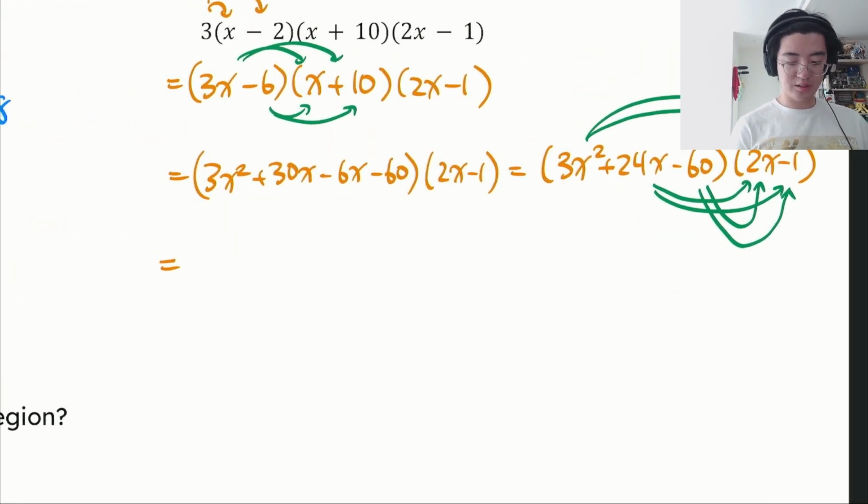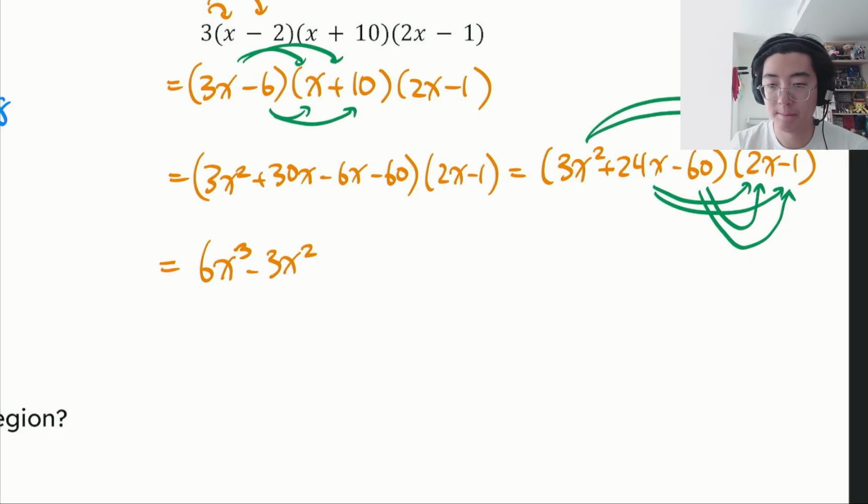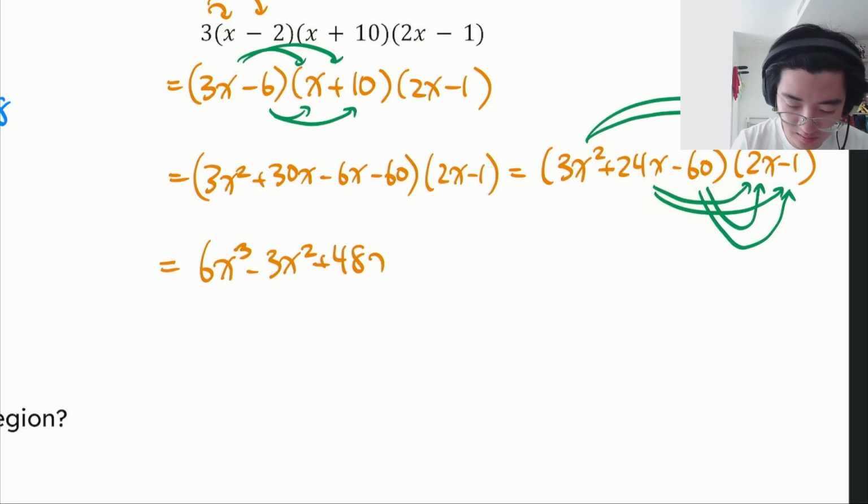So 3x squared times 2x is 6x cubed, minus 3x squared, 24x times 2x is 48x squared, and then minus 24x, minus 120x, and then plus 60.